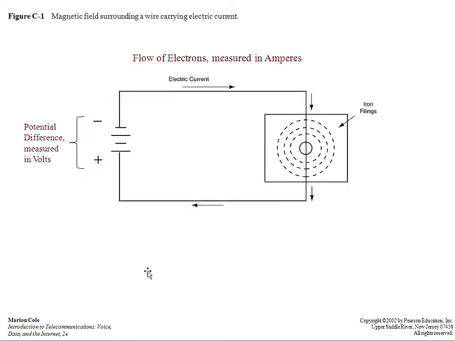So we look back at our simple DC circuit here. The DC is electrical direct current, and that's what a battery source is. It's a source of direct current. The potential difference is measured in volts, and so the potential between this positive terminal on the battery and the negative terminal is measured in volts, of voltage.